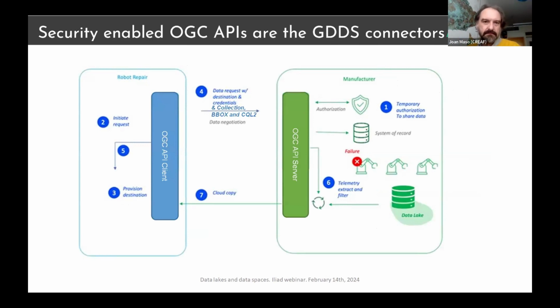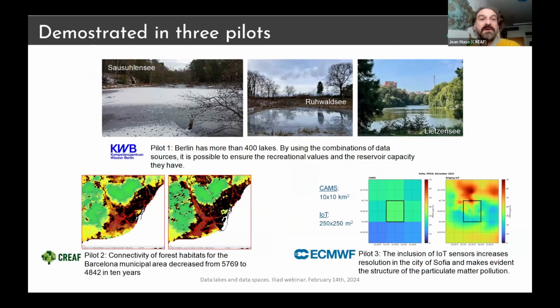And they add this idea of collection, bounding box, CQL filtering, and all this stuff that the other connectors implemented so far don't provide. So they are not useful for most of the information in the Green Deal data space that is mainly geospatial. So this is what I wanted to tell you today.